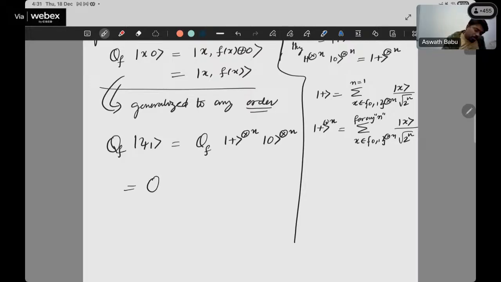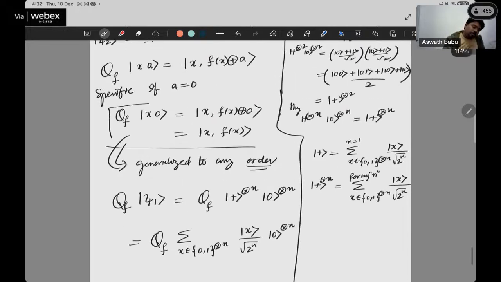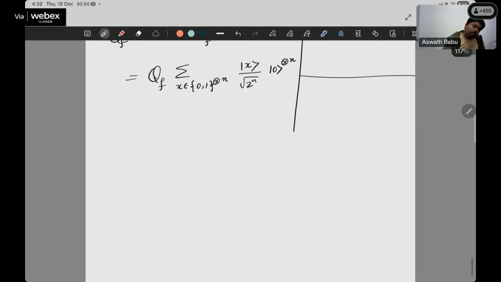Let me write down: Fourier transform function acting on summation over x belongs to 0 comma 1 tensor n, x ket divided by square root of 2 to the power of n, 0 ket tensor n. So why did I change? I want to have this kind of interpretation.